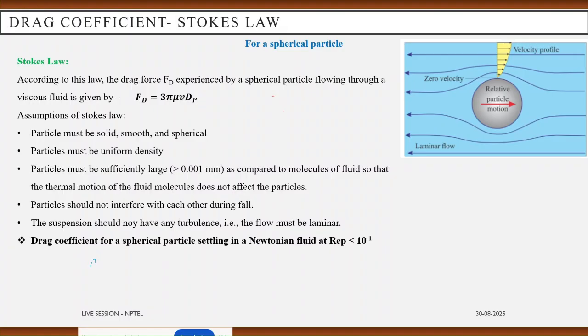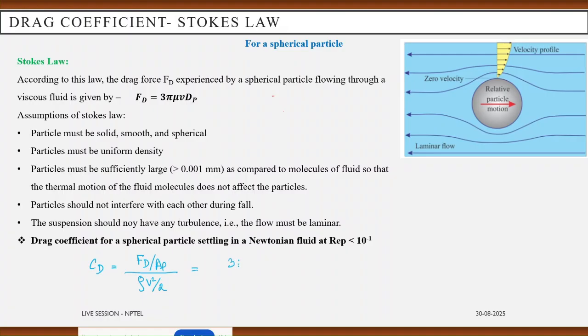So for this, CD will be Fd by Ap divided by rho v square by 2.